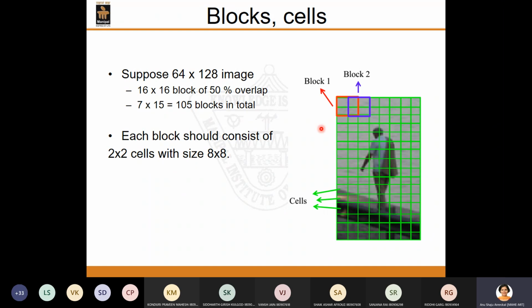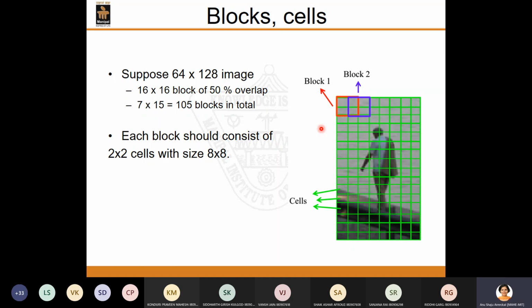Now, the histogram of gradient operator, or HOG feature extraction, was initially developed by a research team in order to detect the presence of a person in an image. Later, it was used for detection of various other kinds of objects. Also, it has been extended to various other applications.